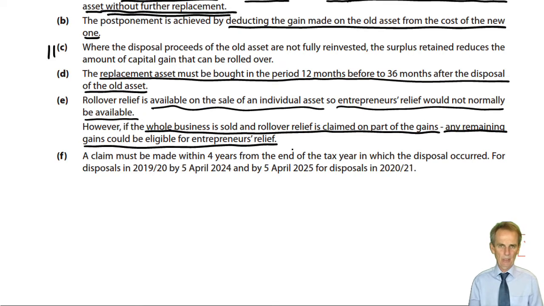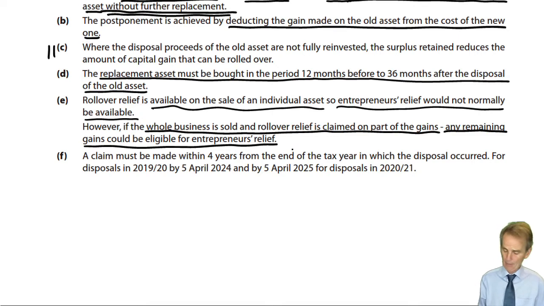It will simply be, here is an unincorporated trade, and the trader disposes of one qualifying business asset and reinvests maybe all, but possibly just some of those proceeds. Can we then deal with the rollover relief claim and how that works?